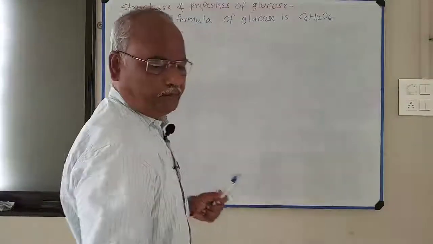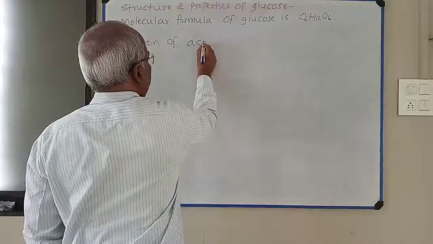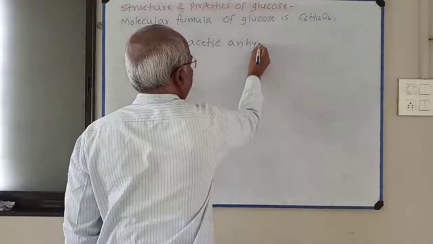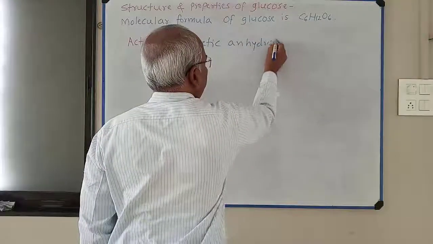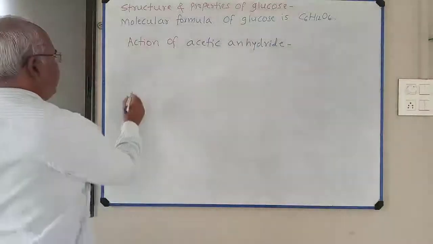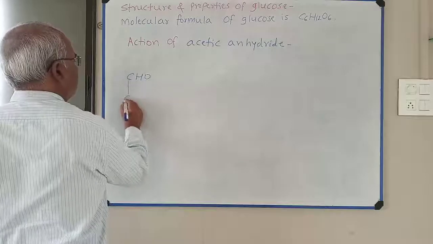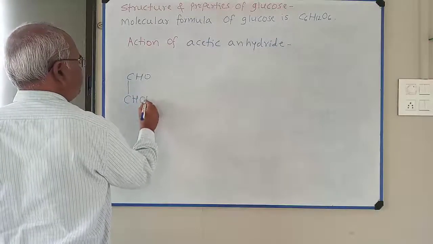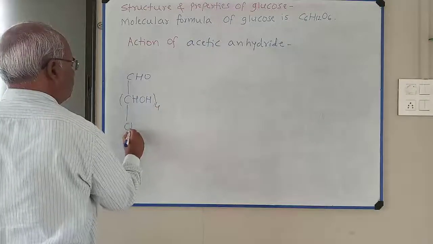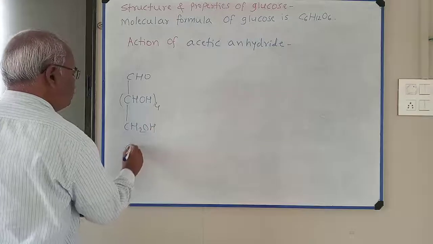That is action of acetic anhydride. So once again I write structure of glucose: CHO, CHOH 4 times, CH2OH. This is glucose molecule.